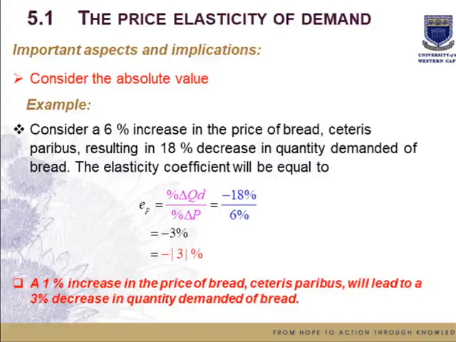For example, if the price elasticity of demand for bread is 3%, then a 1% increase in the price of bread will lead to a 3% decrease in the quantity of bread demanded, and the reverse is true.